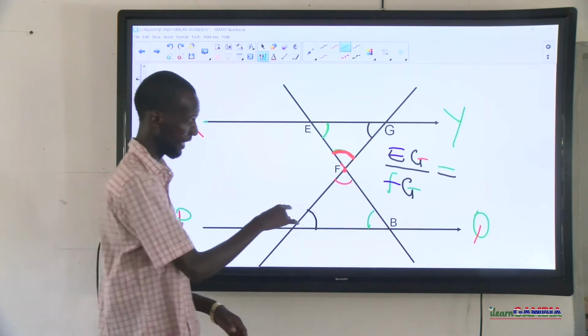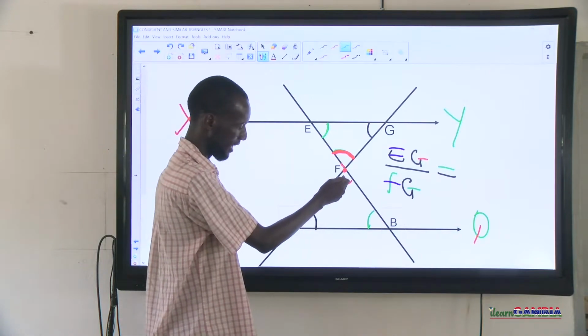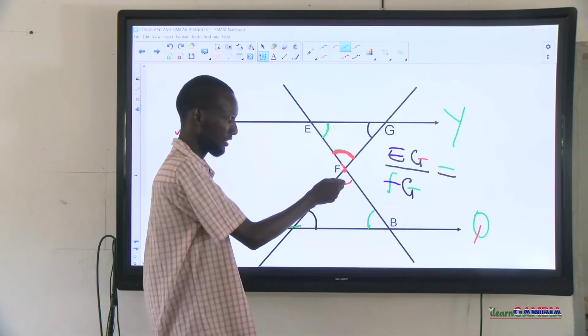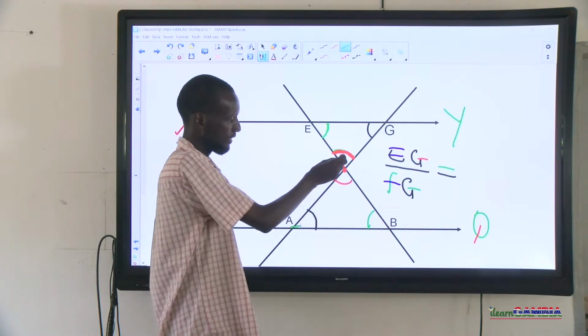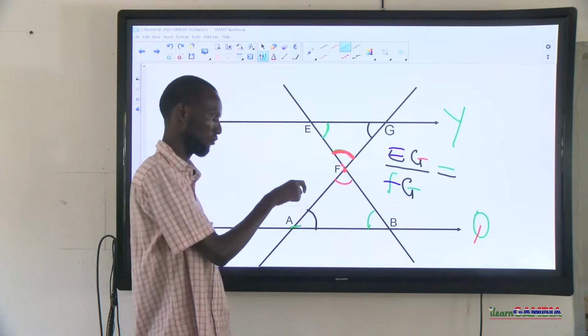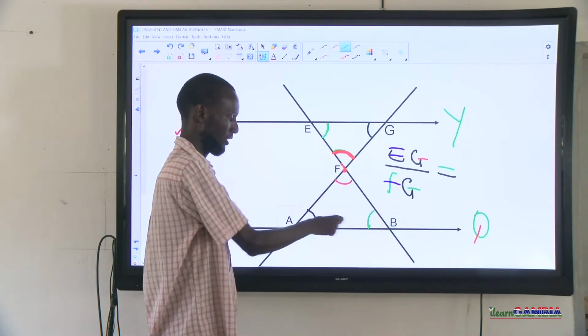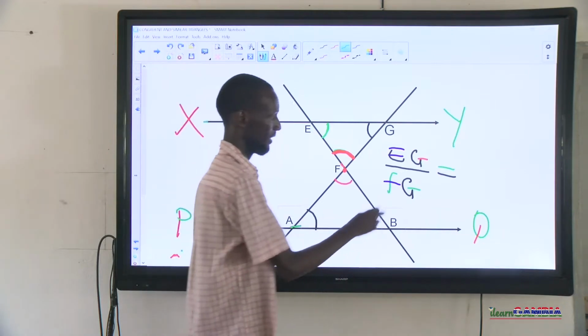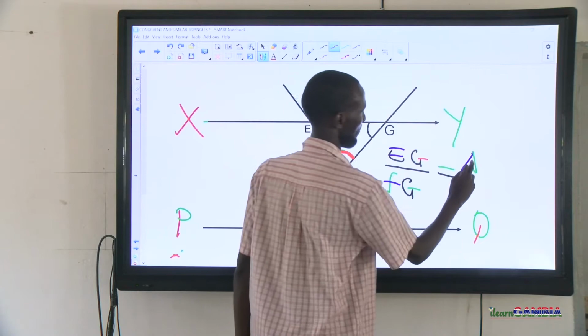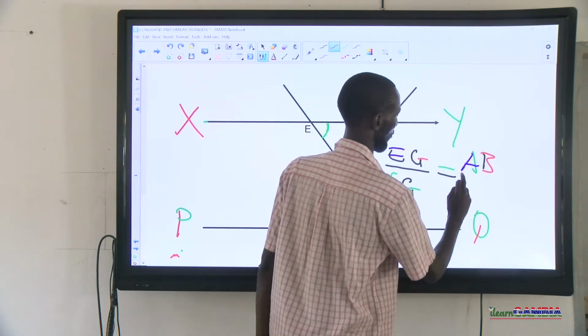Now I can compare this to the corresponding sides of the second triangle. If you go to the second triangle, the side opposite the red angle there is side AB. And mind you that you must be consistent with the angles, all right? I use the side opposite the red angle in the first triangle, therefore I must also use the side opposite the red angle in the second triangle. So that's AB over.